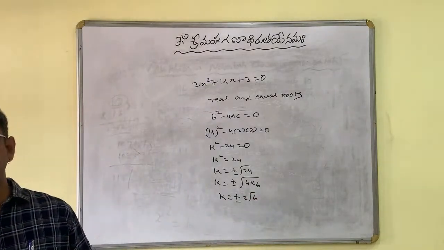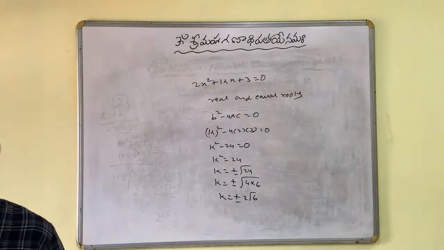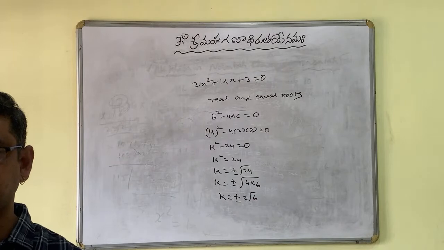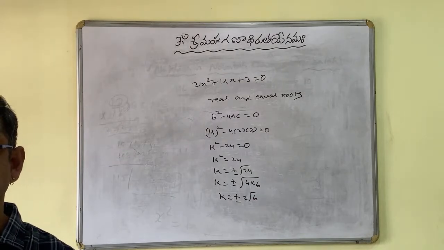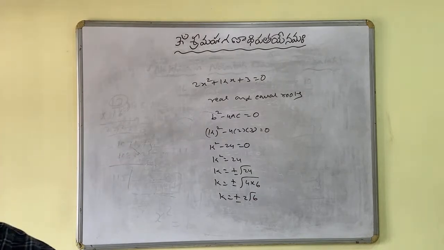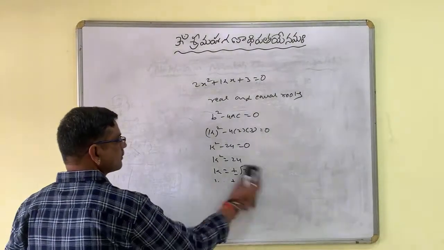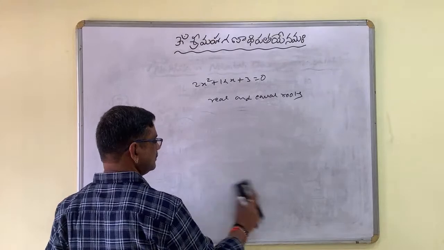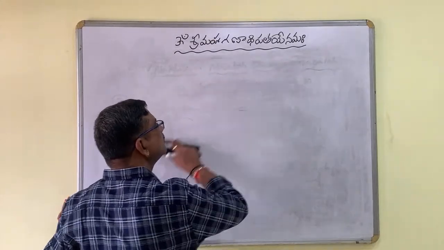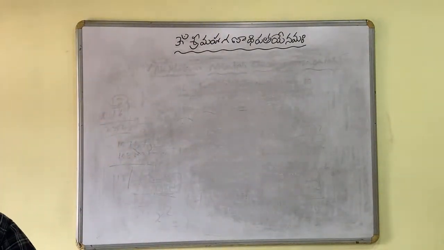So k value is plus or minus 2 root 6. Okay. Now we'll see one more.